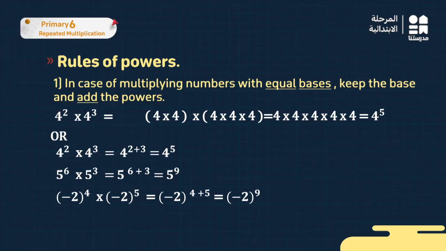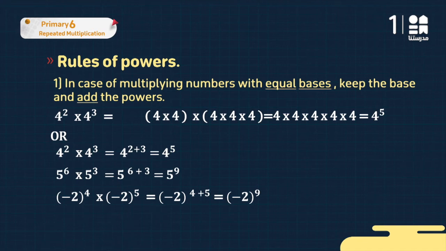And we're going to repeat the first exercise again to make it clear why we are adding. I said at the beginning 4 to the power of 2 times 4 to the power of 3. Instead of writing 4 to the power of 2 as 4 times 4, with my multiplication sign, I will put it again and write 4 to the power of 3 as 4 times 4 times 4.